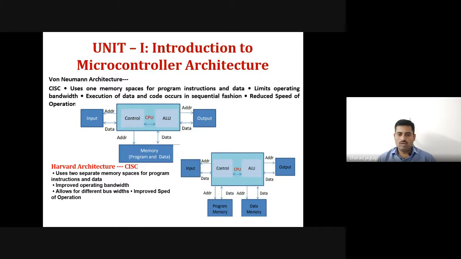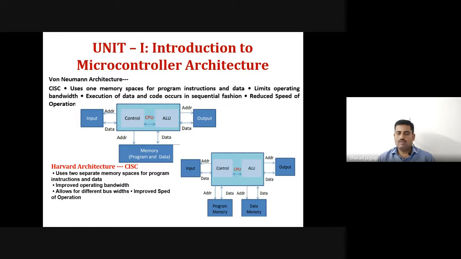The first one is the von Neumann architecture. It uses one memory space for program instructions and data. In assembly language, the lines of the program are called instructions, so this word is used here.